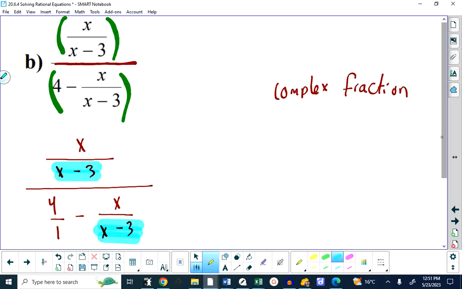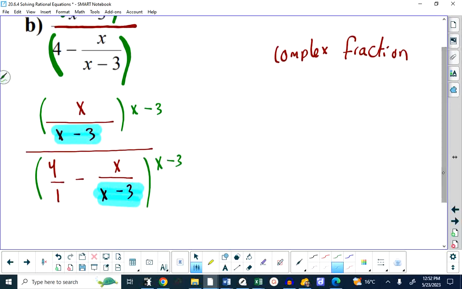So the best, most efficient way to get rid of them is to multiply the numerator and denominator of the entire fraction by that x minus 3. And this, by the way, is going to be something very similar to what we do today, but not quite the same. So what happens on the top, and I want to make something clear here.